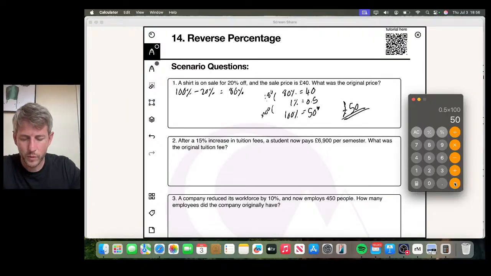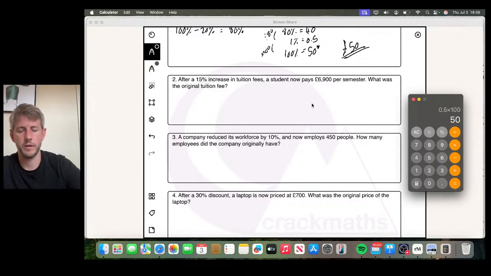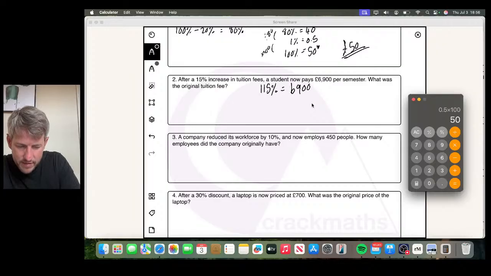Right, question 2. After a 15% increase in tuition fees, a student now pays £6,900 per semester. What was the original tuition fee? Okay, so 15% increase means we're looking at 115%. So this equals 6900. We want to find 1%, and then we want to find 100%.